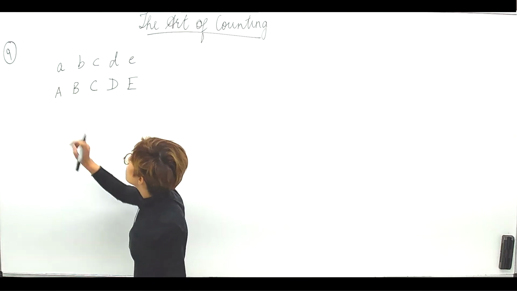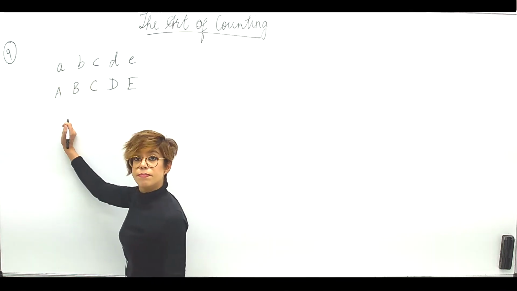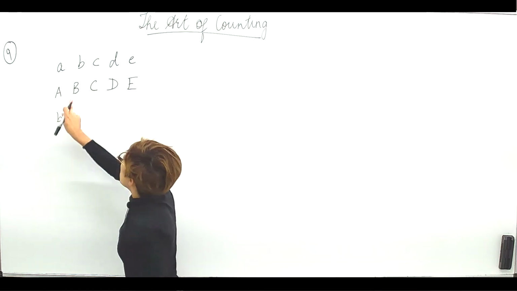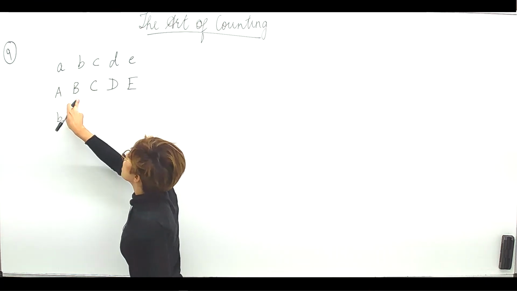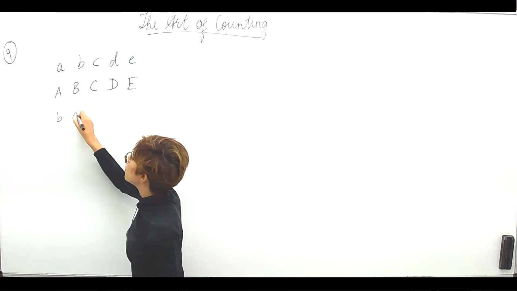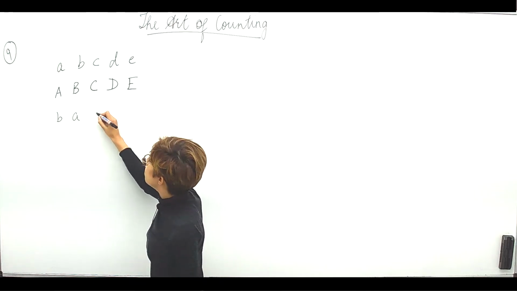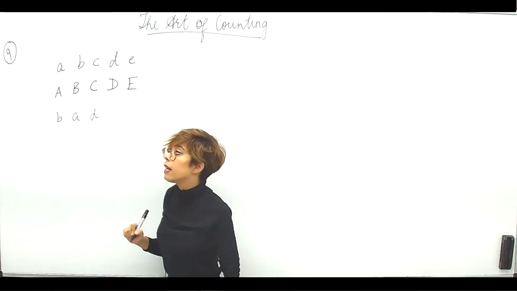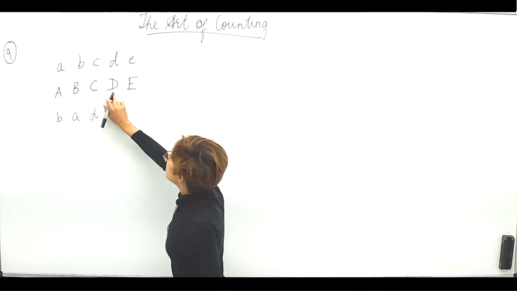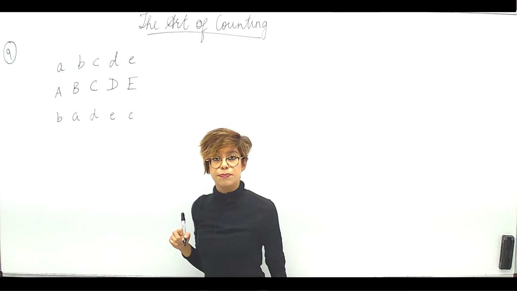No ball. So that means in carton A, ball A should not come, B can come. Right? Suppose here B. Now in B, B should not come, anything other than that can come. So in carton C I put ball A. In carton C, ball C should not come, so I put ball D. Right? In carton D I put ball E and in carton E I put ball C. Right?